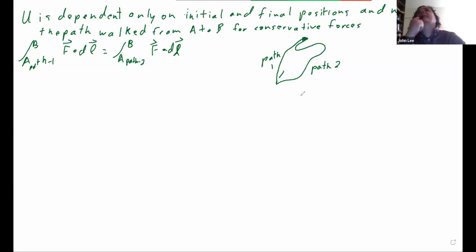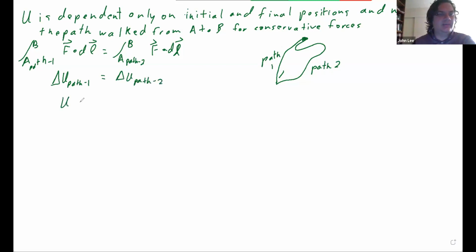If you do that and you get the same answer, then delta U for path 1 is equal to delta U for path 2, which means that U is only a function of initial and final positions.